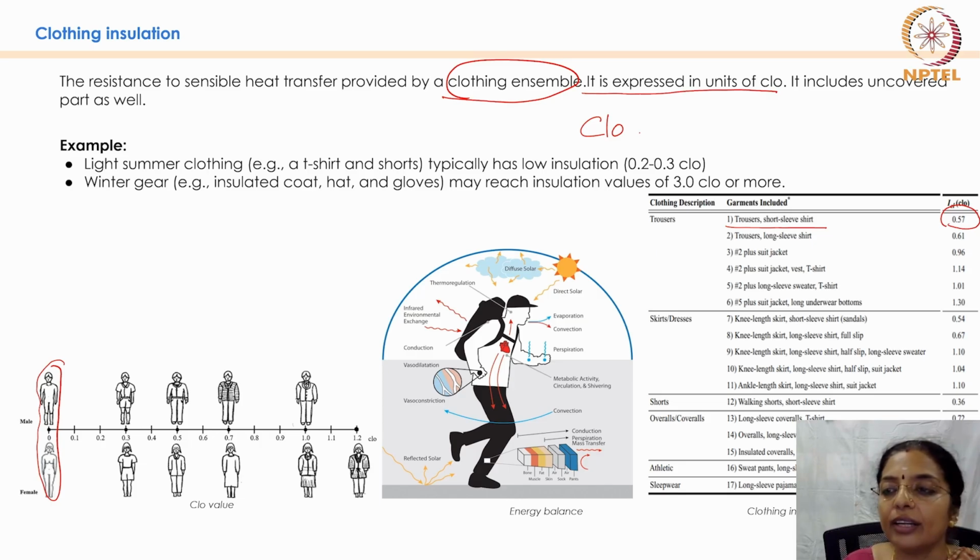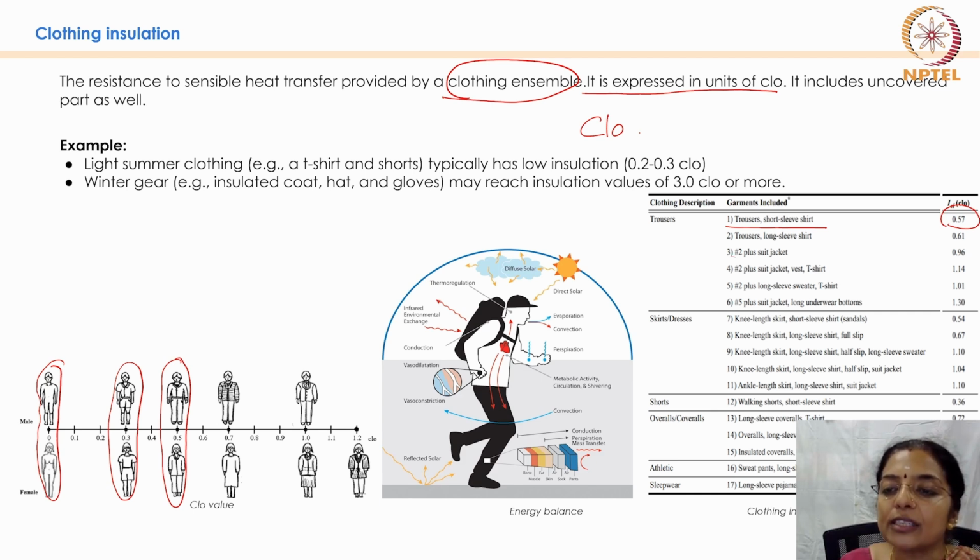So here you can see what a clo of 0.3 would mean. It means minimal clothes on. Whereas a person who has trousers, full pant and shirt has a clo of about 0.5.